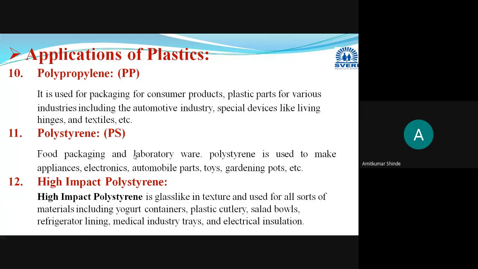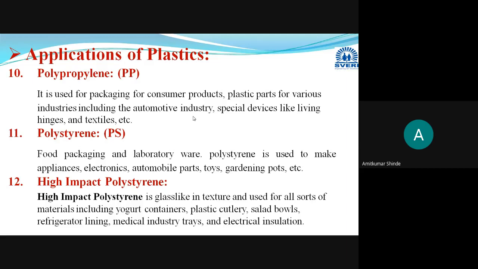Those laboratory wares are made from polystyrene. Polystyrene is also used to make electronic appliances, automobile parts, and different toys, whichever toys small children are playing with.